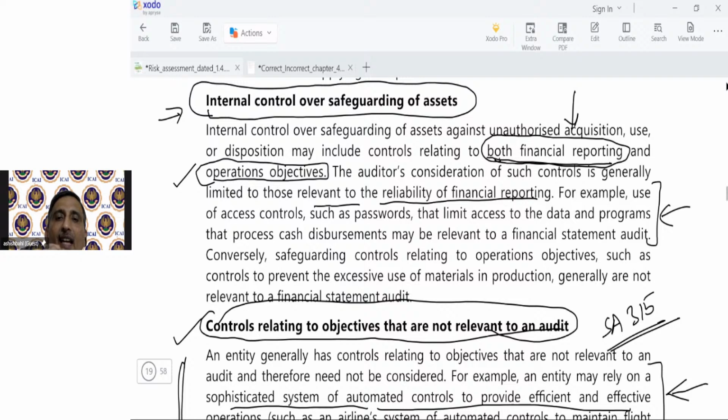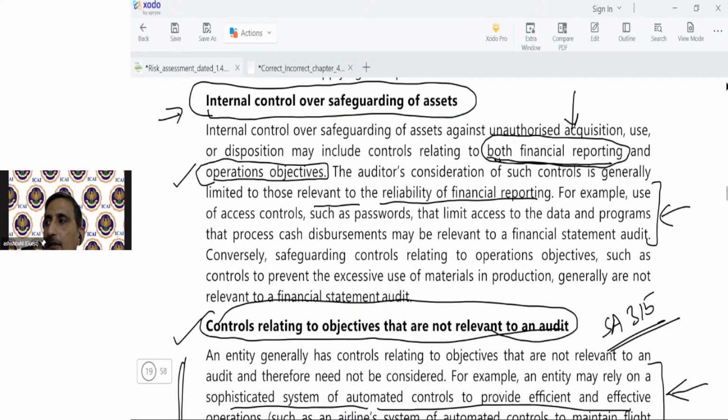Why? Because it would help him ensure that only an authorized person is running that system, that there is a password which is protected. But there may be controls relating to in-house keeping. Say a product is made using 5 types of raw material. Say whether A material has been put in more quantity than B type of raw material. These types of controls might not be relevant for a financial statements audit.